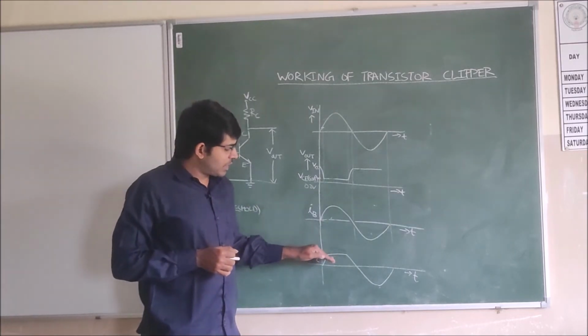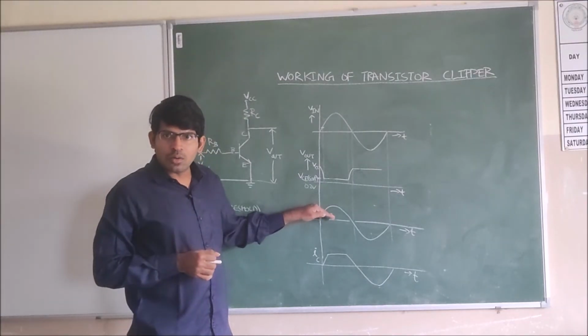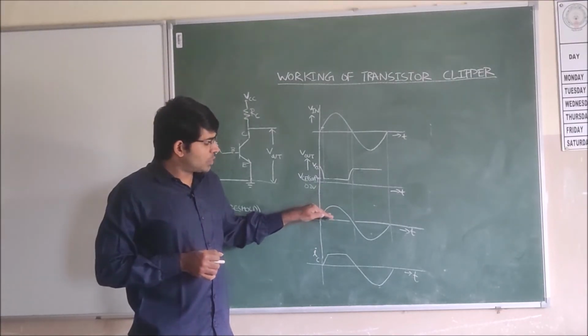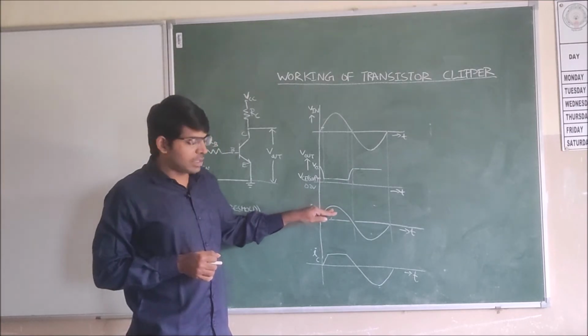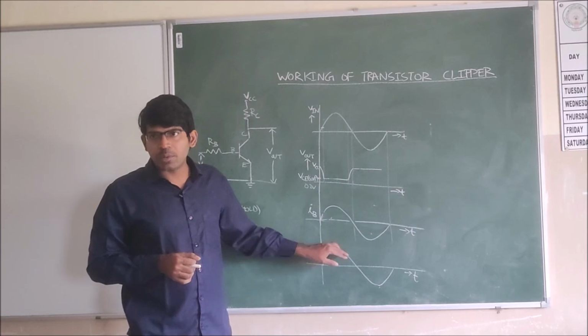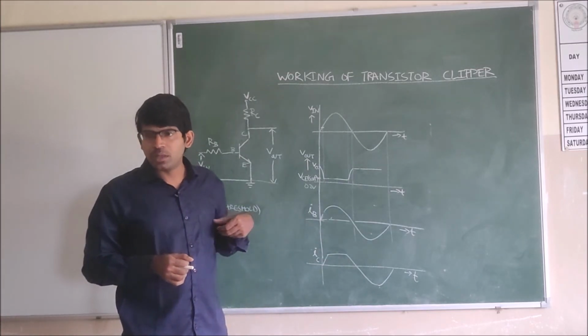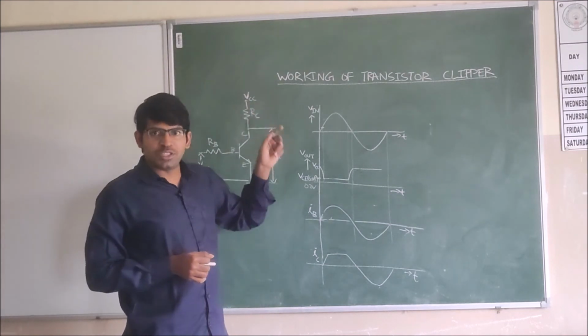But after a particular voltage, we can make sure that this current signal appearing here is clipped during the positive half cycle. That can be controlled by us by changing the VCC.